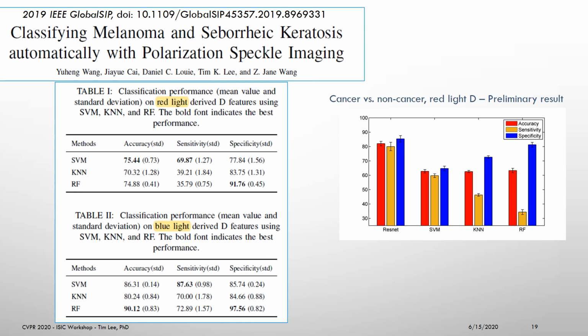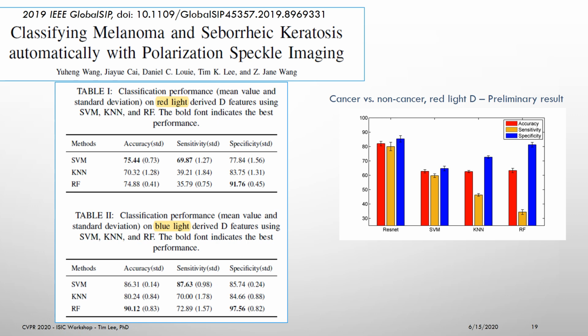Well, you may ask whether we could extend the technique to classify cancers versus non-cancers. Well, the surface mode cannot achieve a good result, I would say. It is because by looking at the surface of the skin only, it is difficult to differentiate malignant versus benign in general.